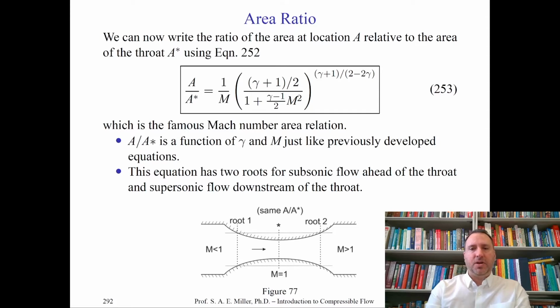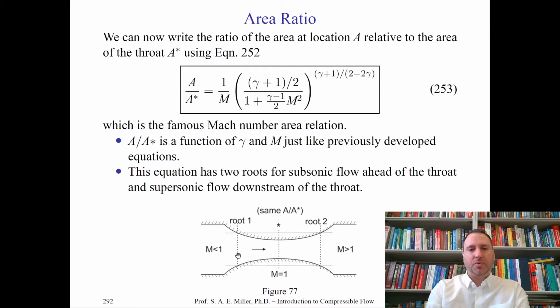If we analyze equation 253, you will not be surprised that it has two particular roots, and these roots have actual physical meaning, and they correspond to subsonic flow ahead of the throat and supersonic flow downstream of the throat. For this case, shown in the diagram from figures 76 to 77, we now draw on little lines and note that the same A over A sup star produces two different Mach numbers, one which is subsonic and one which is supersonic, at equivalent area ratios A over A sup star.